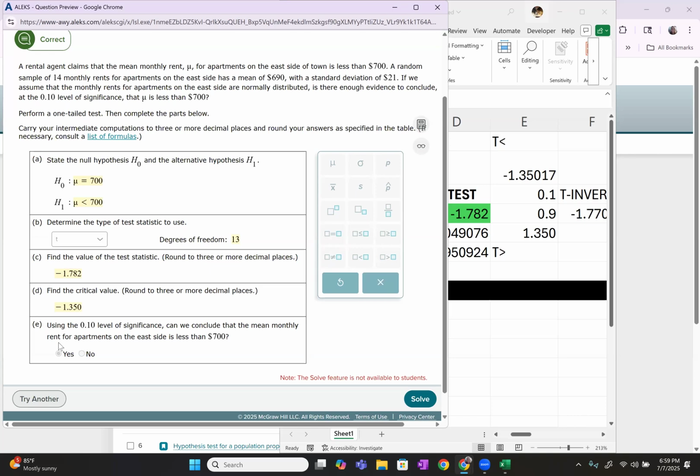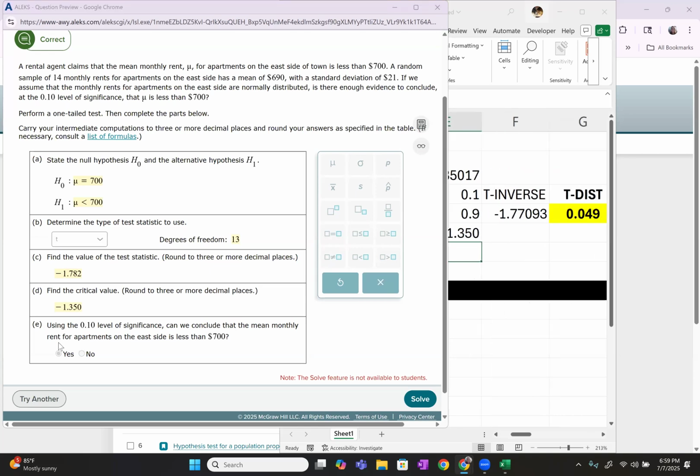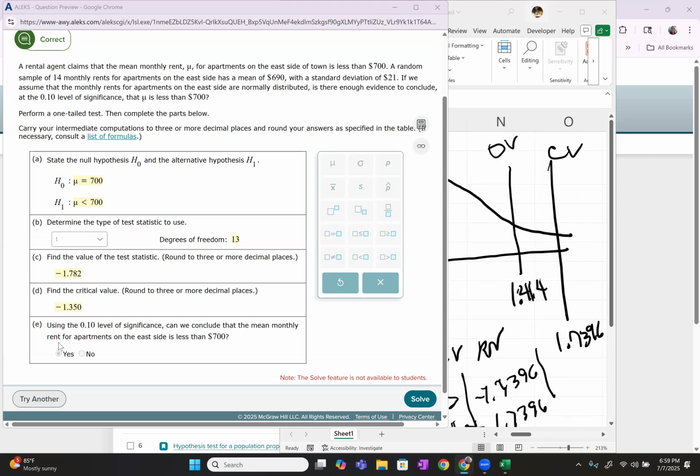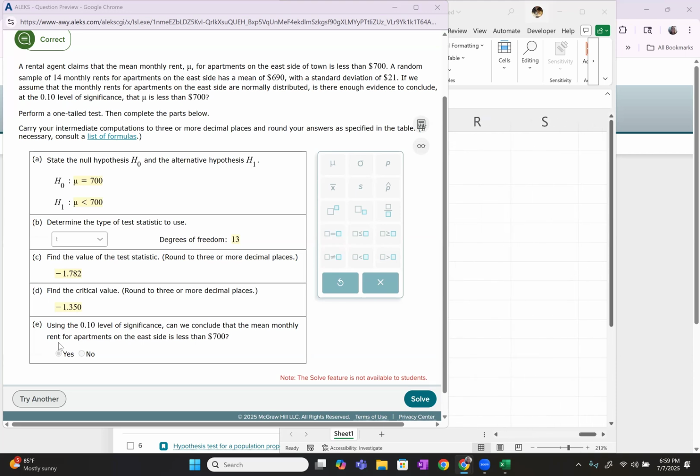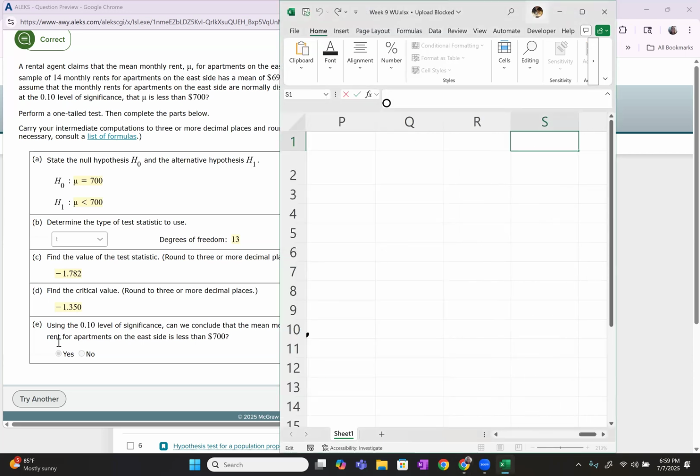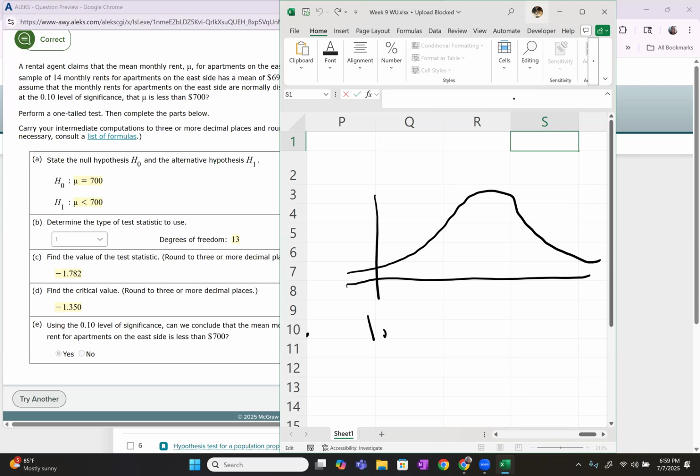So if I draw you another picture of the OV and the CV, here's the normal distribution. Okay. So we have an OV of negative 1.782, which is out here.